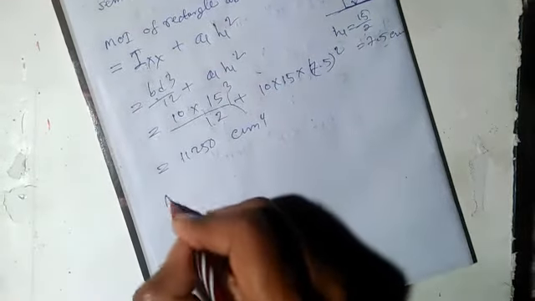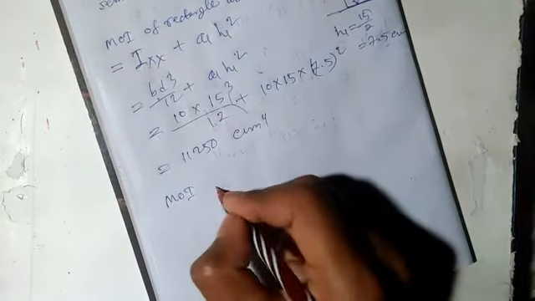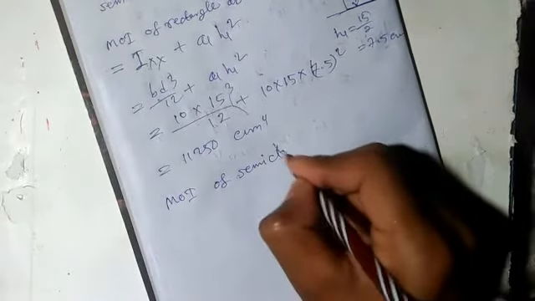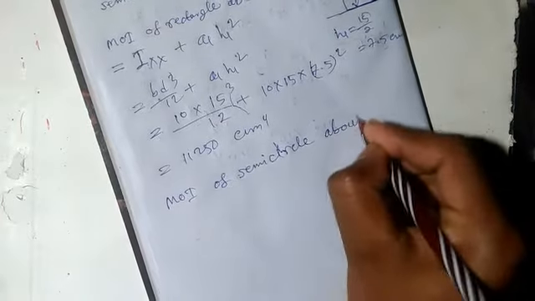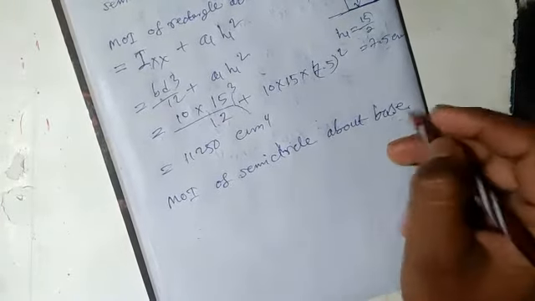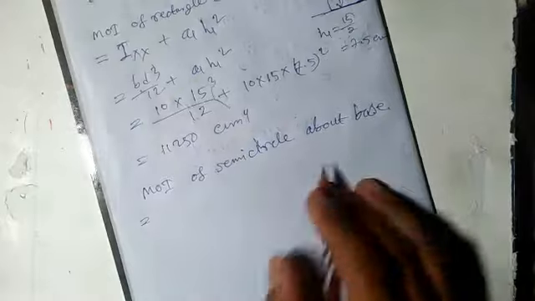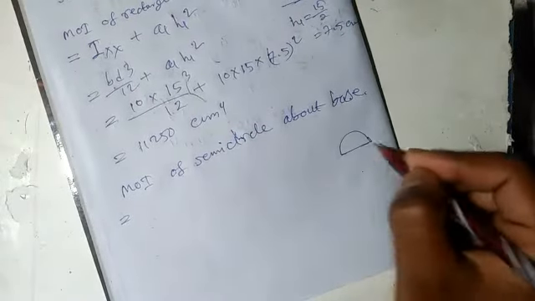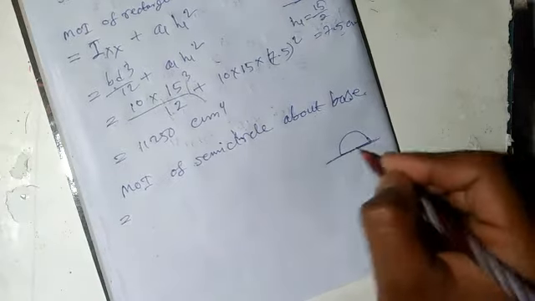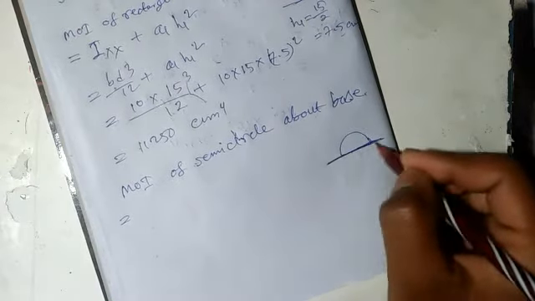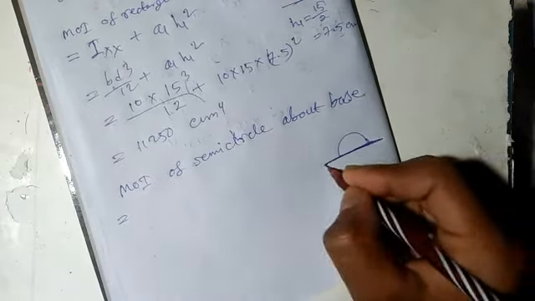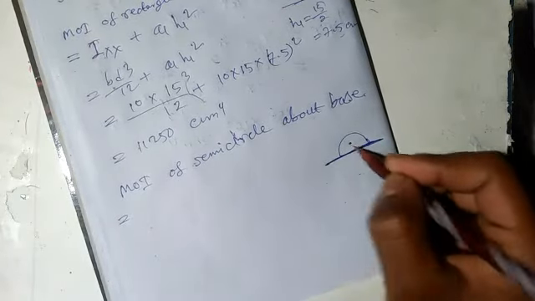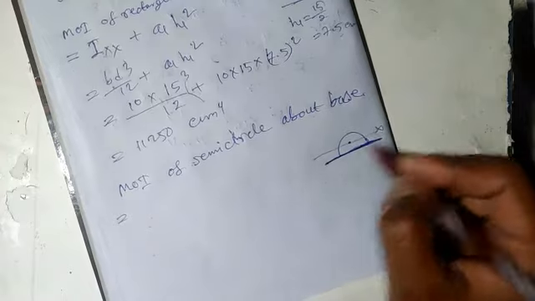Now we calculate the moment of inertia of the semicircle about the base. Similarly, we separate this portion. This is the semicircle, and we need to find the moment of inertia of this semicircle about this base axis. This is the centroid and this is the x-axis.